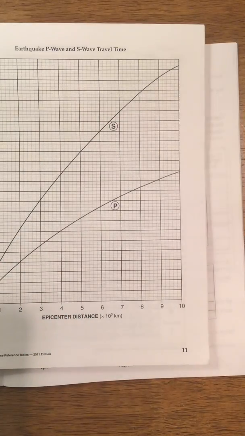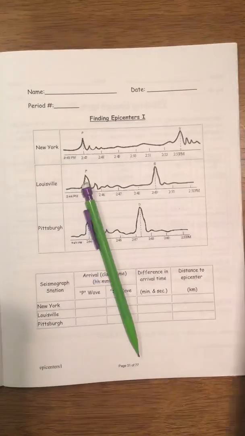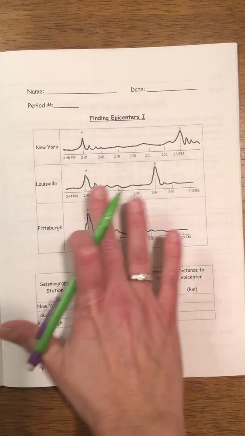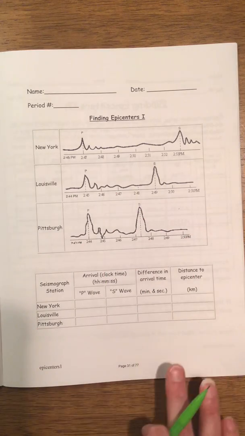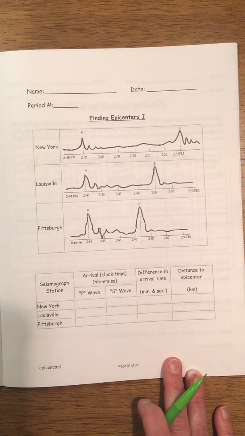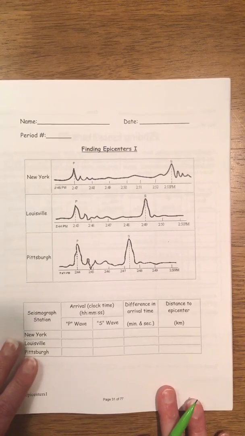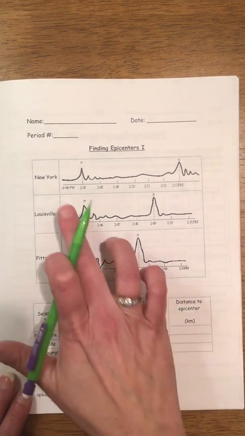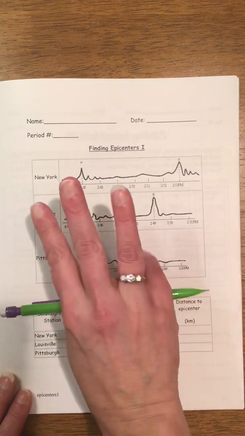Okay, so what we're going to do is we're going to take our first shot at reading seismograms and using our P&S wavetable skills. So what we have here is called Finding Epicenters 1. And what we have here are 3 seismograms from 3 seismic stations.